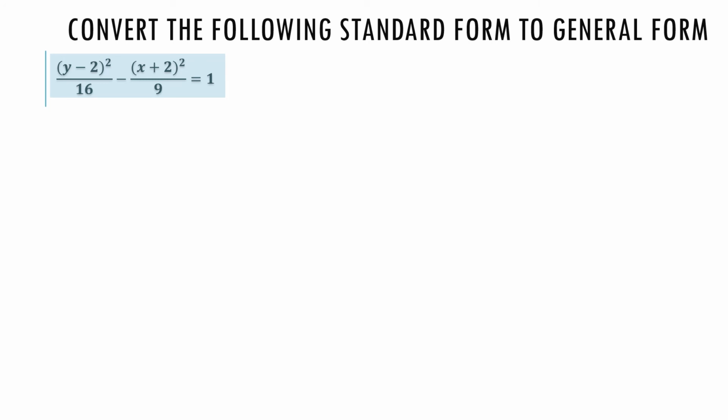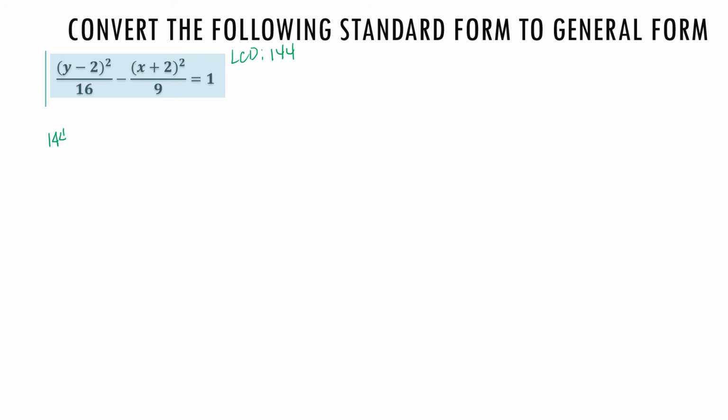We are given (y - 2)^2/16 - (x + 2)^2/9 = 1. So just like ellipse, our first goal is to eliminate all the denominators. And how do we do that? We have to multiply everything by its LCD. And what is our LCD? 144.